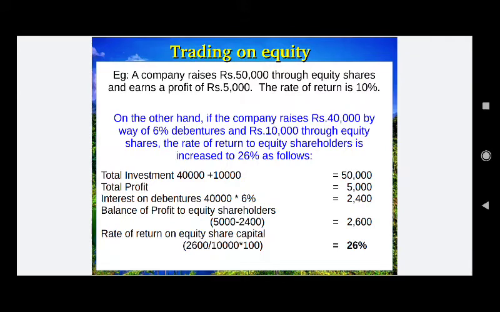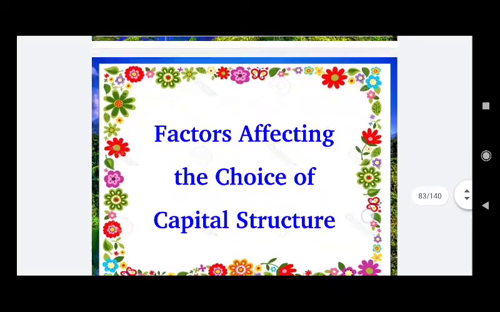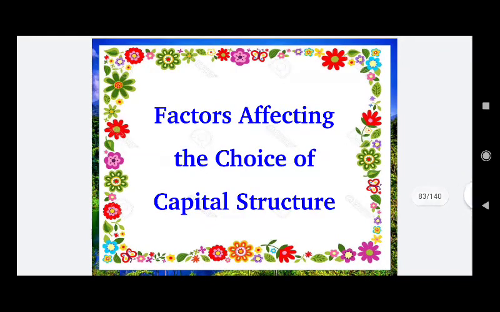On the other hand, if the company raises 40,000 by way of 6% debentures and rupees 10,000 through equity shares, the rate of return to the equity shareholder will increase to 26%, because of the difference between the 10% rate of return and the 6% cost of debenture, the 4% extra profit on this 40,000, which will also be a benefit to equity shareholders, but it will be at the cost of financial risk.